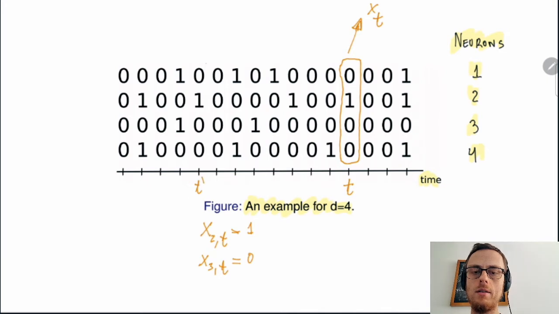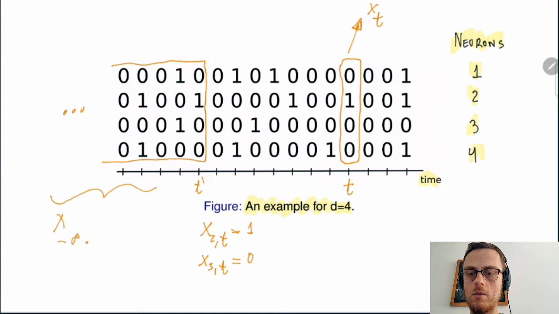The path of the network up to time t prime is just the configuration of zeros and ones inside this orange rectangle that I'm drawing on the screen, and it is denoted by X_{-infinity,t'}.